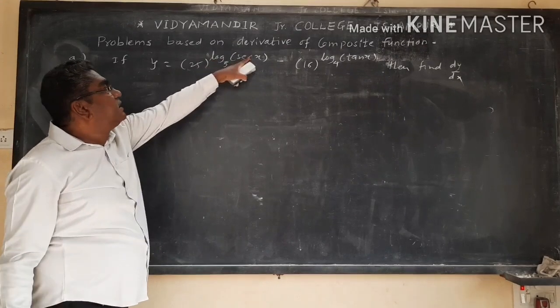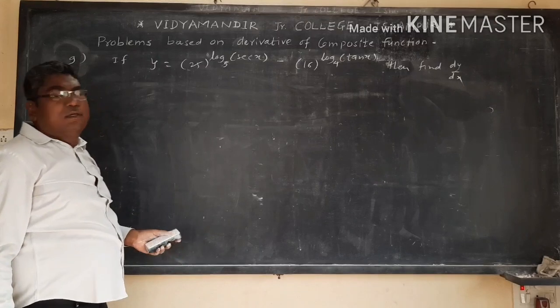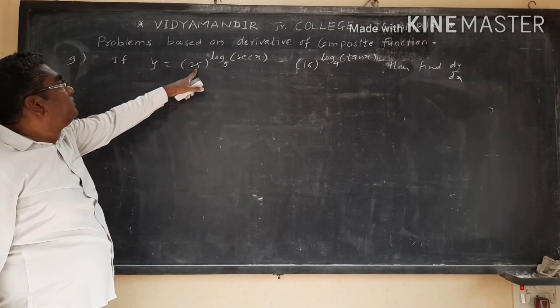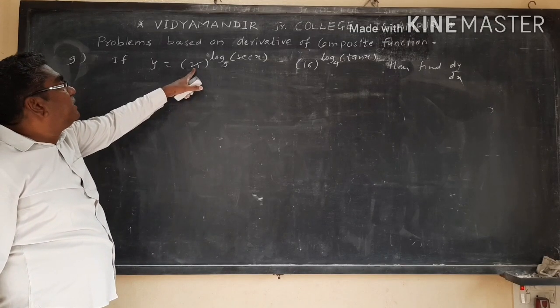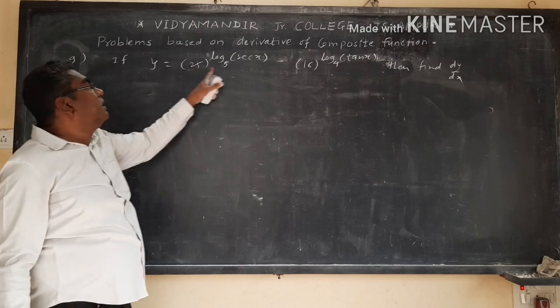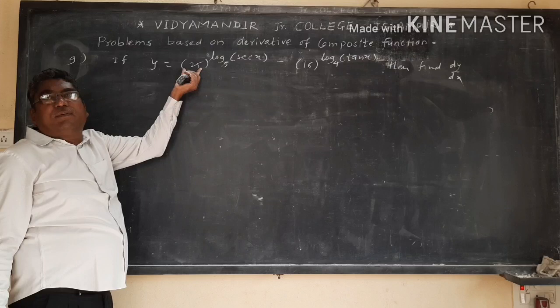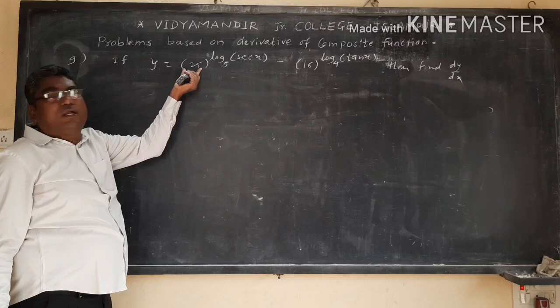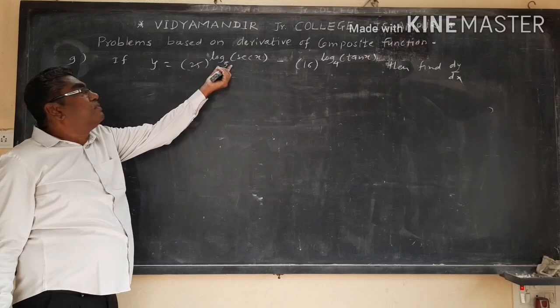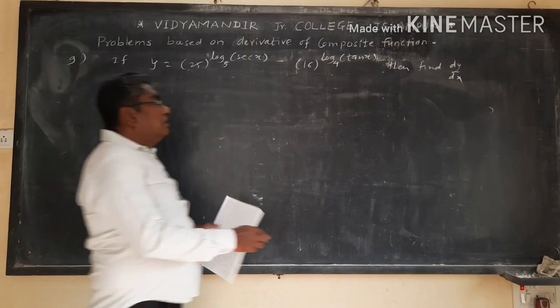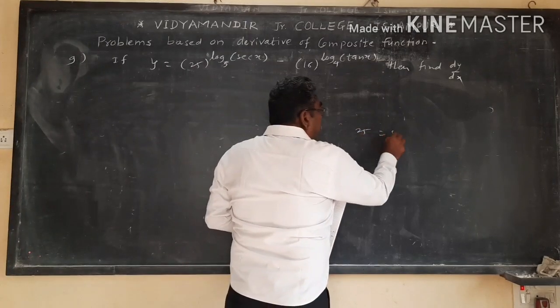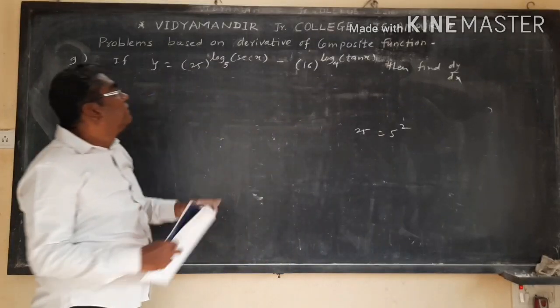Raised to log sec x to the base 5. The relation between the base of the exponent and the base of the logarithm: the base of the exponent is 25 and the base of the logarithm is 5. 25 is 5 square.